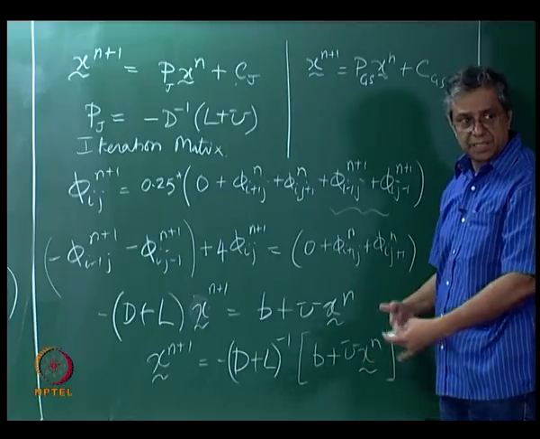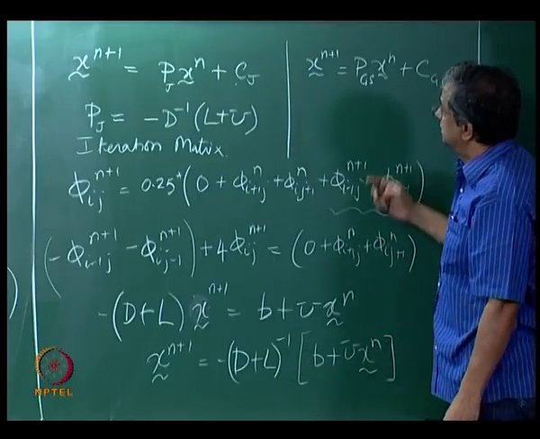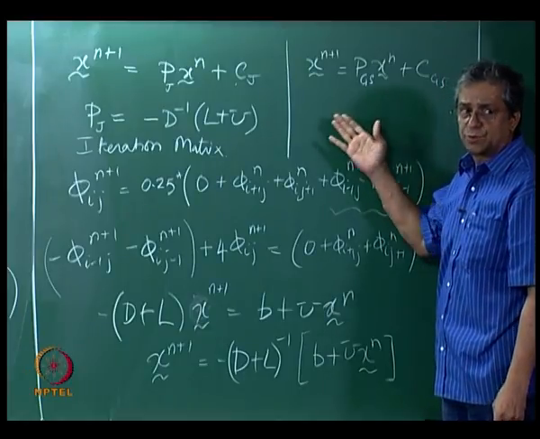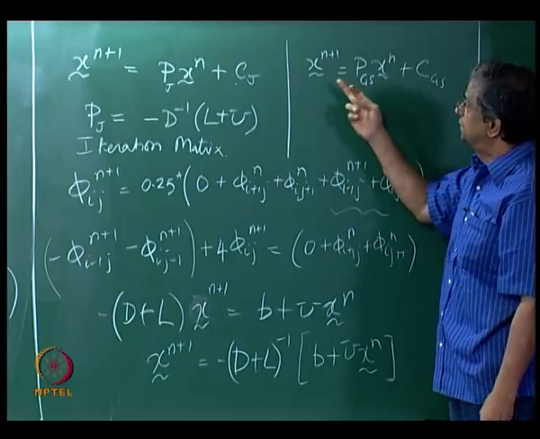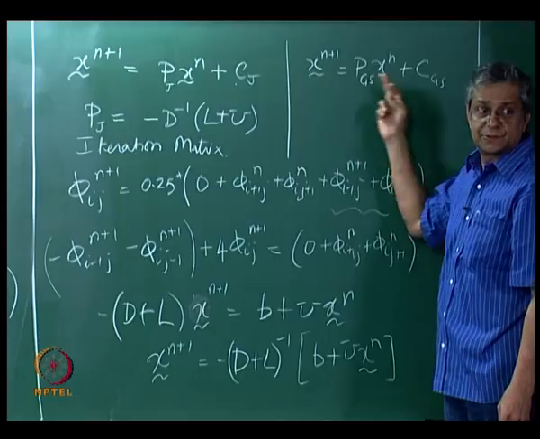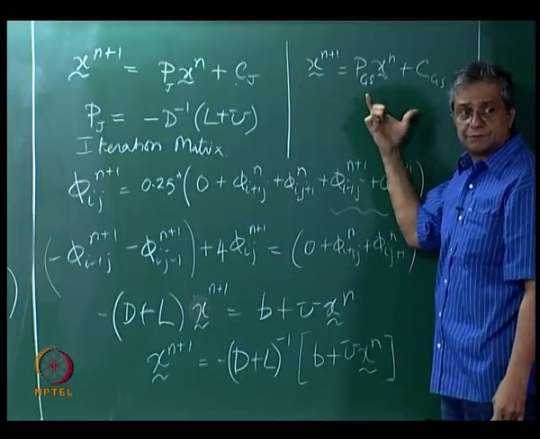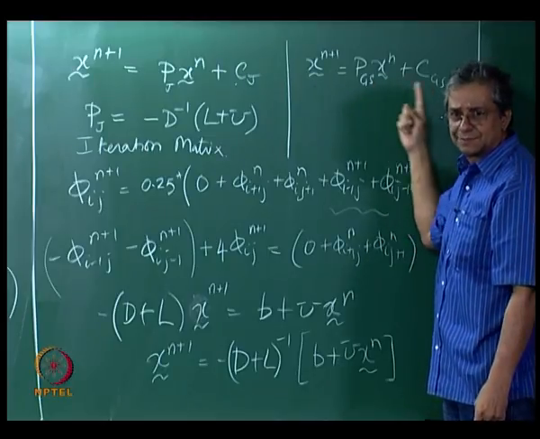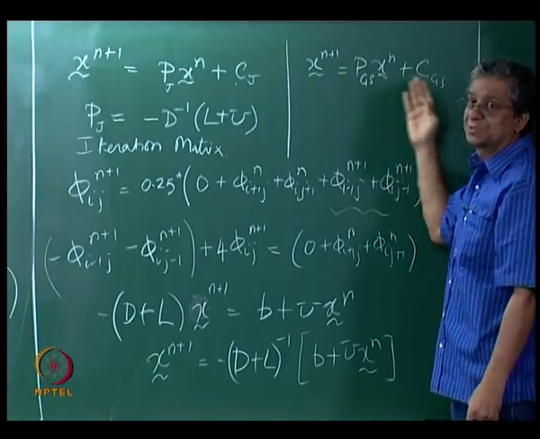We can actually figure out now that, if you are going through the iterations, given an x0 you are generating an x1, given the x1 you are generating an x2, you are generating a sequence. Now we have a form that relates one to the other in a simple equation.